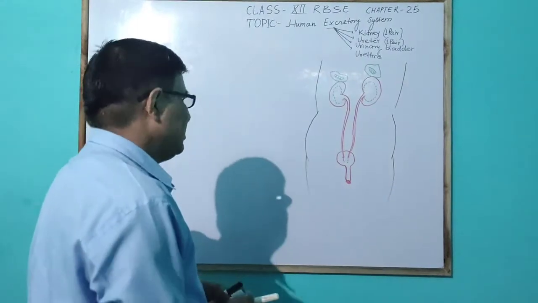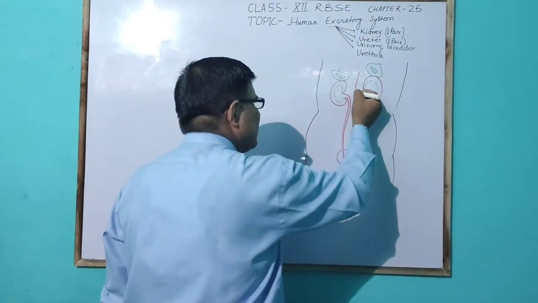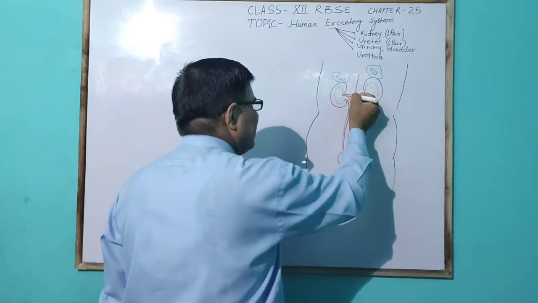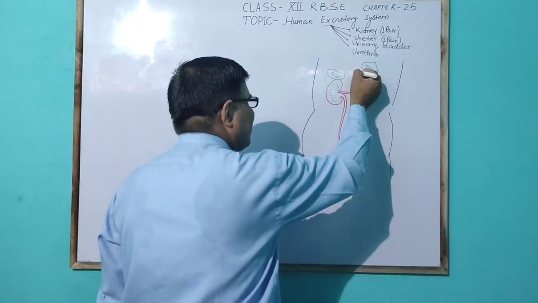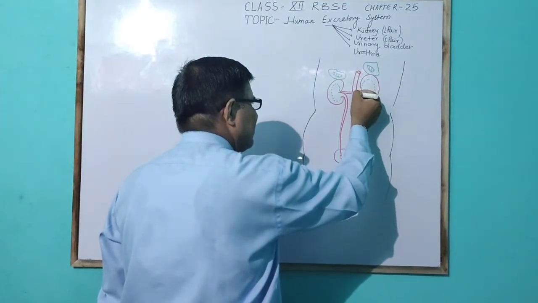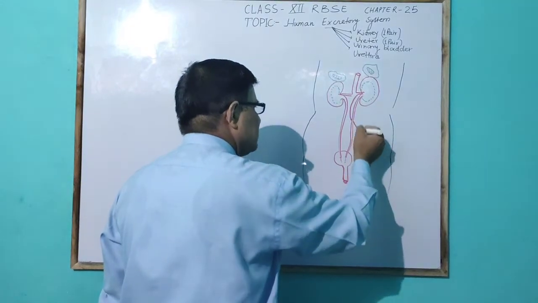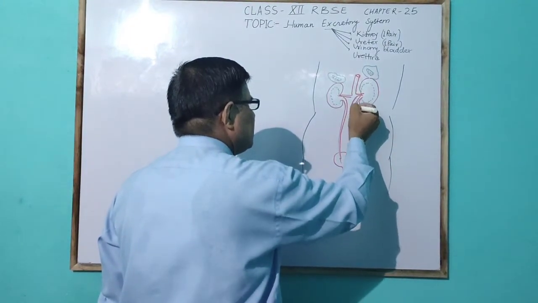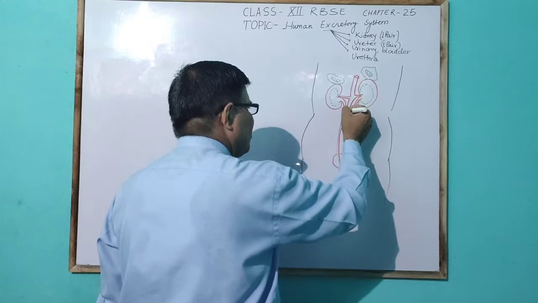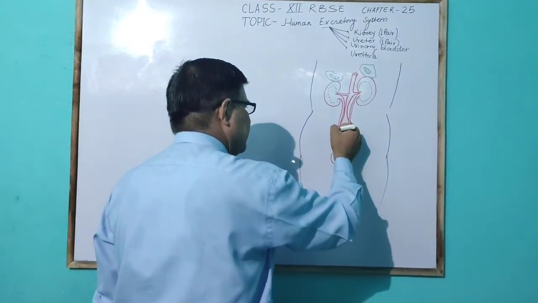Here the aorta supplies blood to each kidney through the renal artery.